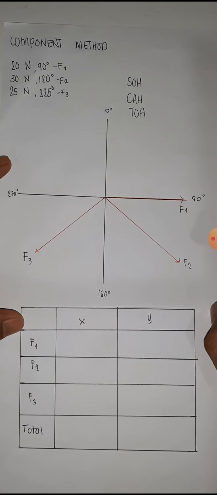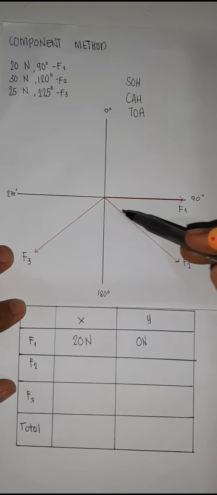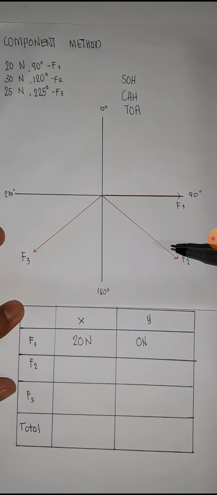For the next vector, you have here your F2. Again, we're going to use the identity of a right triangle. We're going to look for a way to locate a right triangle from where the vector is located. If you use your x-axis as one side of your triangle, and then this side, you'll be able to find a right triangle.